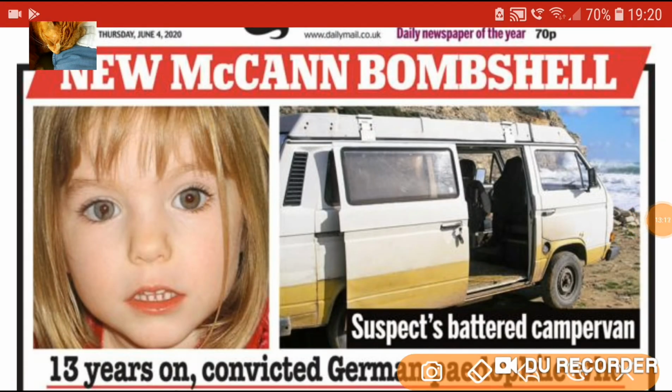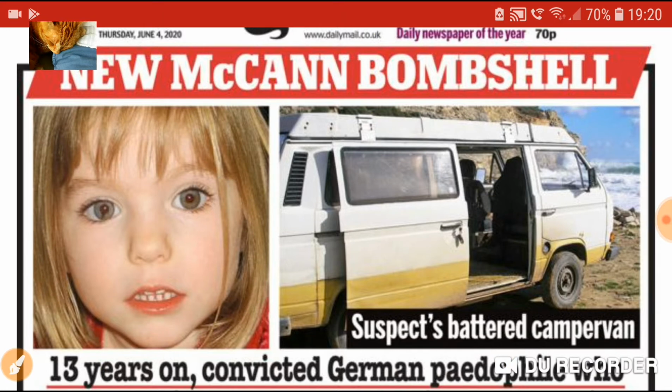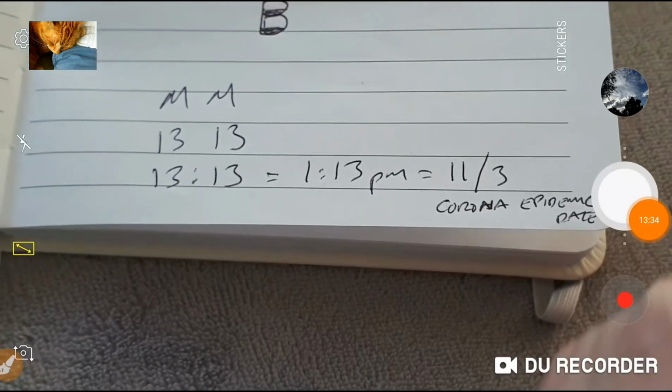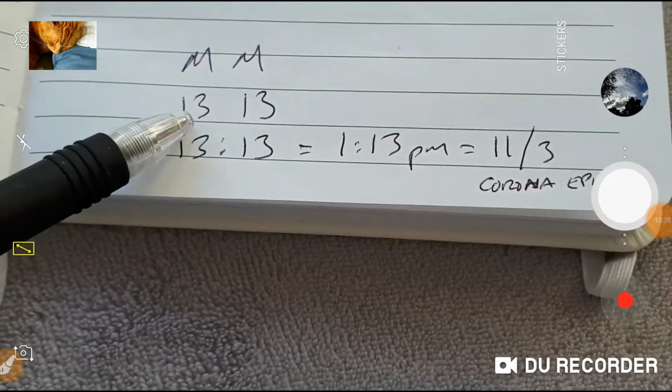So hopefully that will be the big bombshell for my viewers today that didn't realise that. 13 years on. It's one huge Mary Magdalene ritual for Rothley, where they have a yearly celebration of Mary Magdalene. The double M, of course, quite obvious. It's a dual 13.